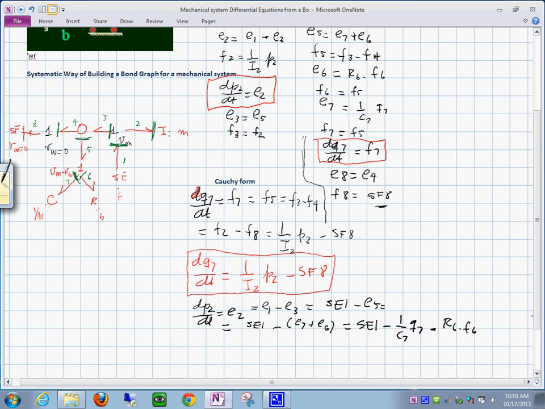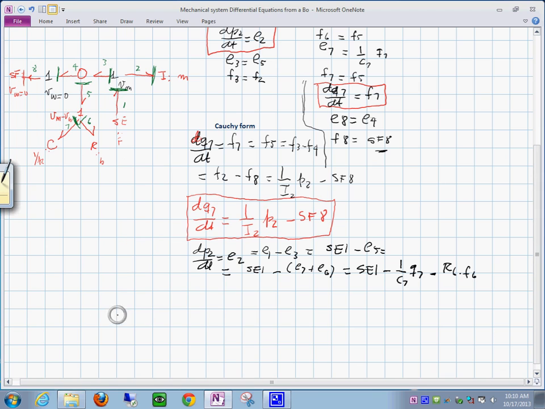So we're getting close to the simplification that we want. So dp sub 2/dt is equal to SE1 minus 1 over c sub 7 q sub 7. What is r sub 6? This time f6, but f6 is f5, times f sub 5.